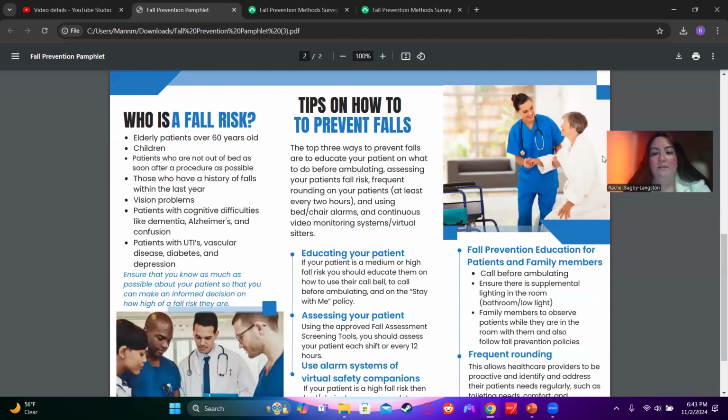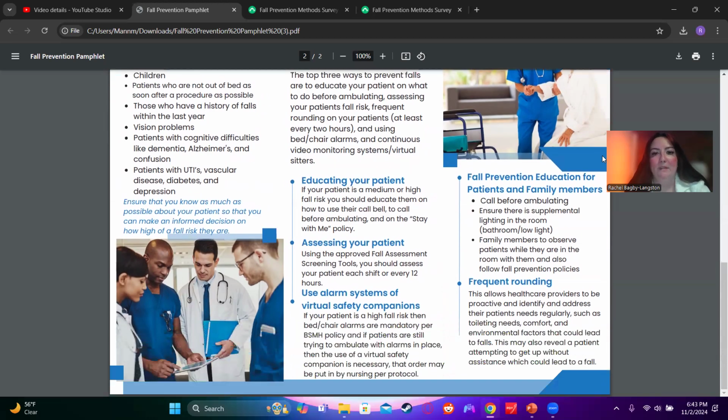All right, and then the inside of the pamphlet is going to tell you who is a fall risk, tips on how to prevent falls. And then that included the top 3 ways that I found in my nursing journals, which is educating your patient to use the call bell before ambulating, assessing your patient with the Morse fall risk tool or whatever fall risk assessment tool that your organization wants you to use, and then the use of alarm systems with virtual safety companions or telesitters.